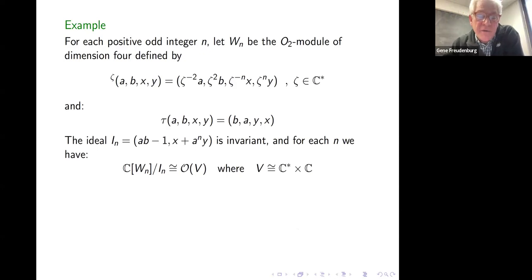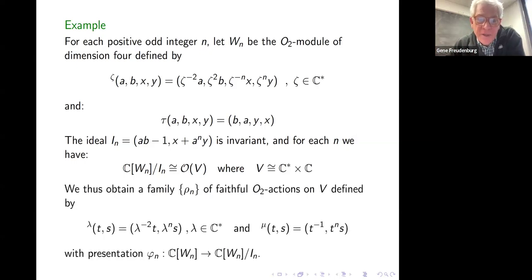And for each n, we have the quotient isomorphic to the coordinate ring of V, where V is C star cross C. So now it's something a little closer to being a plane, still with units. We obtain a family rho n of faithful O2 actions on that surface, defined explicitly from the presentation I gave.